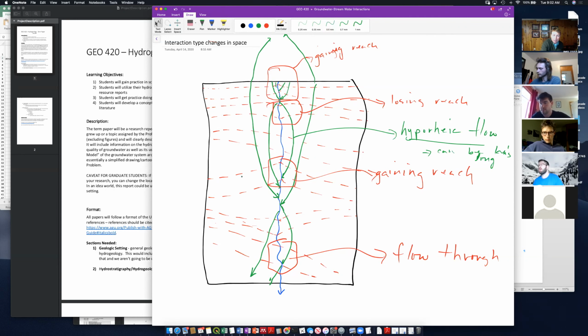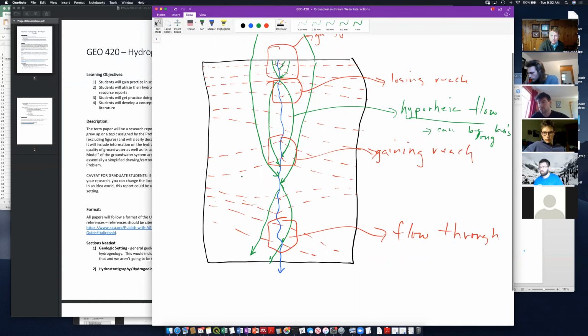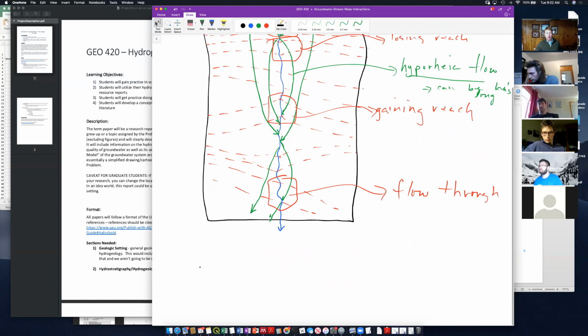So within these rivers, I'm going to draw this river now in profile. This is map view.